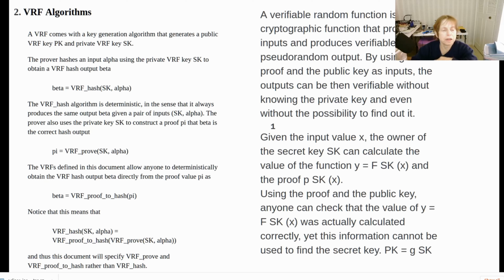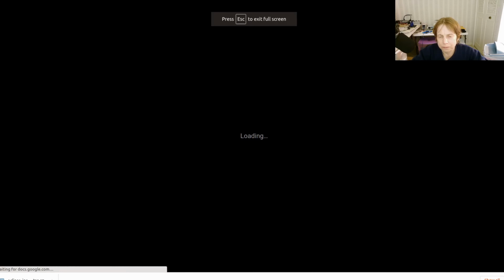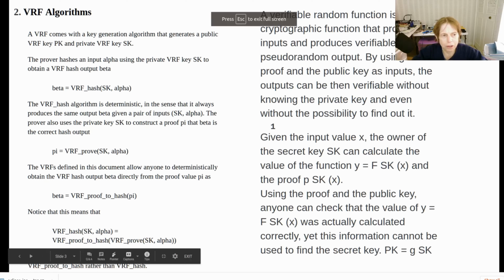Now, when you get into the VRF algorithms, this is similar to what we're talking about. We had our secret key, we had the various values you put in, and you come up with a random value. So now let's look at VRF algorithms.